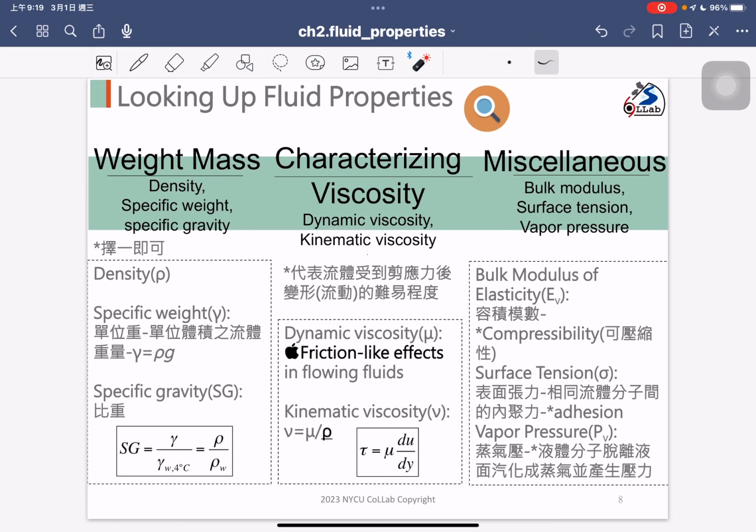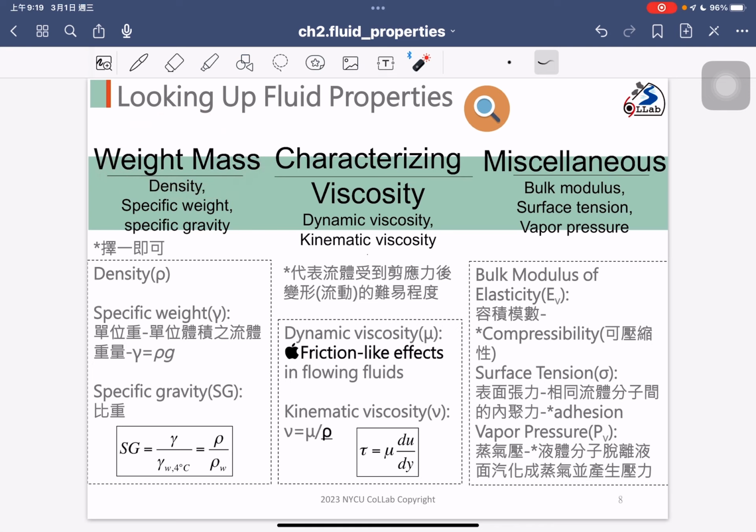Totally we have eight fluid properties in this chapter, and I can divide all the fluid properties into three topics. The first topic is correlated to the weight mass.